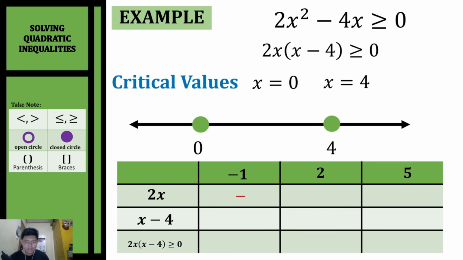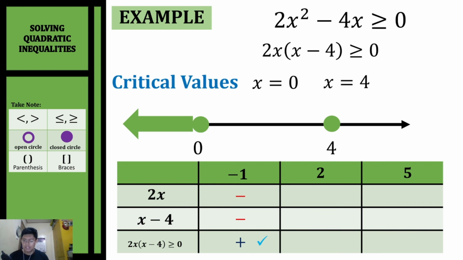Negative 1 minus 4, we will get another negative number. Now let's multiply the two. Negative times negative is a positive number. Is a positive number greater than or equal to 0? Yes. Therefore, negative infinity to 0 are possible solutions to our quadratic inequality.